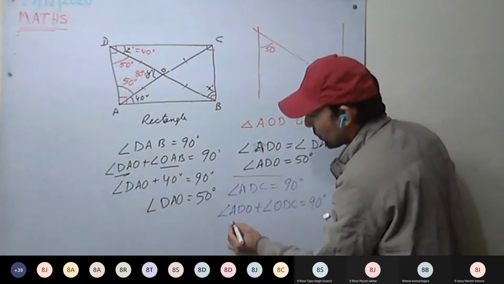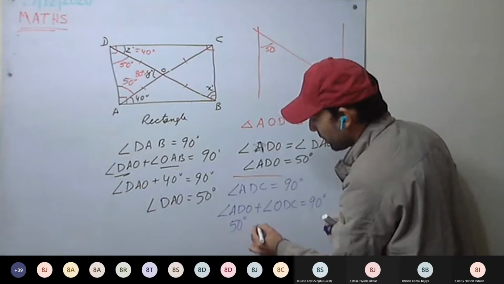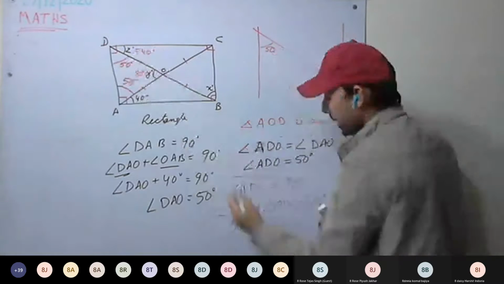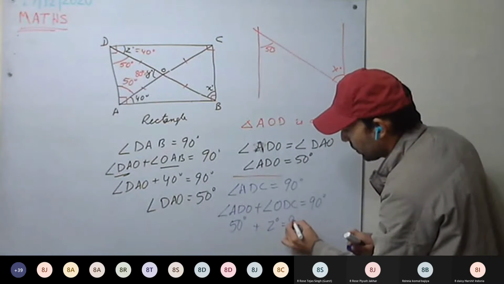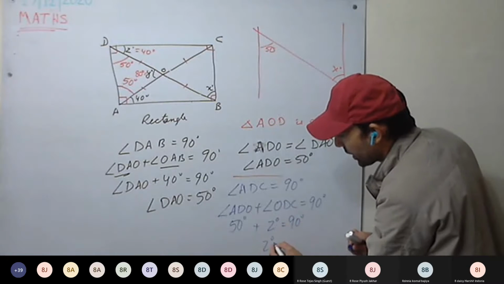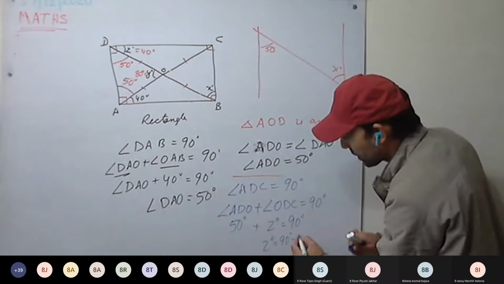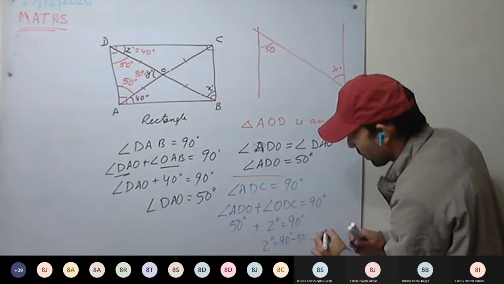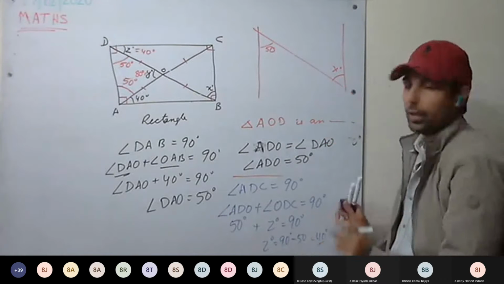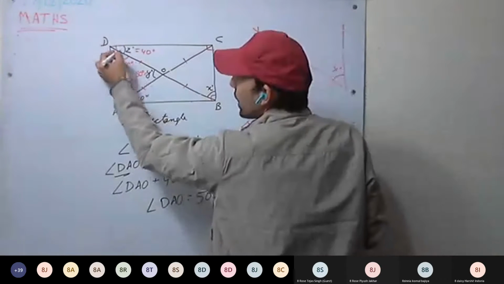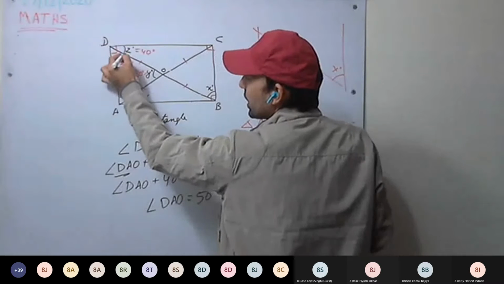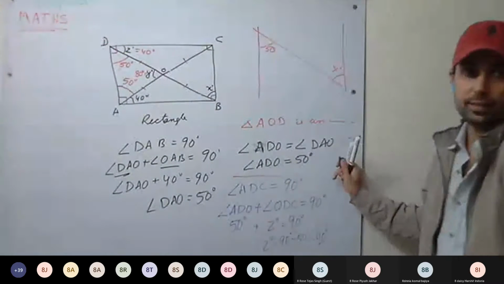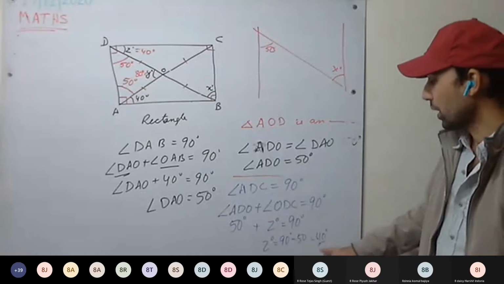Angle ADO is how much? 50 degrees, we have already calculated. Angle ODC is Z degrees, so Z equals 90 minus 50, that is 40 degrees. As you can see here, this whole angle is 90. If this is 50, the remaining will be 40 degrees. Understood now?